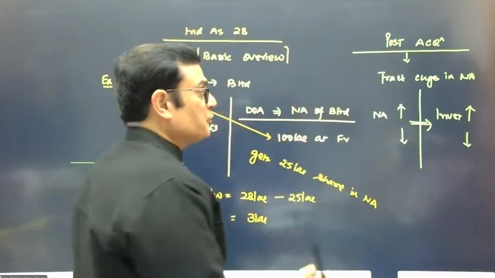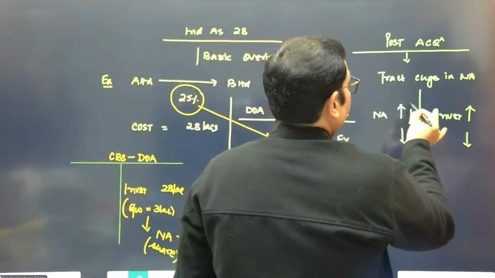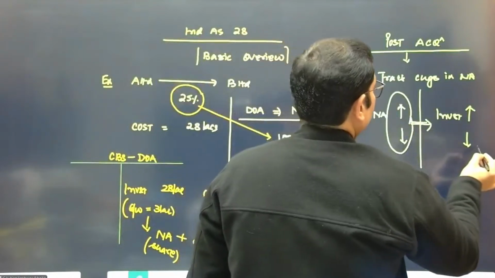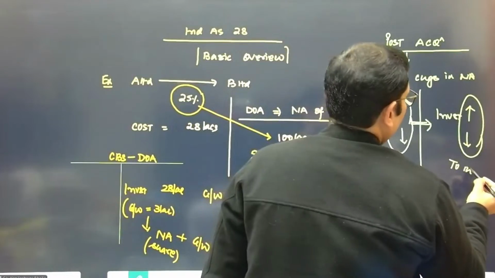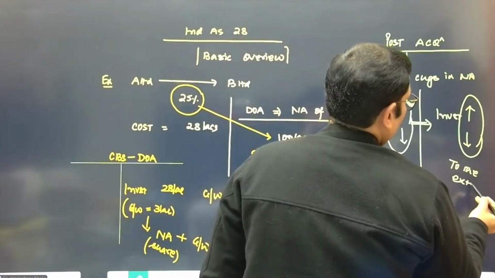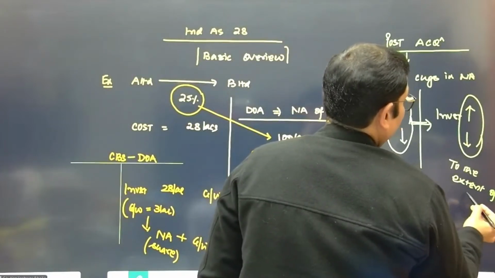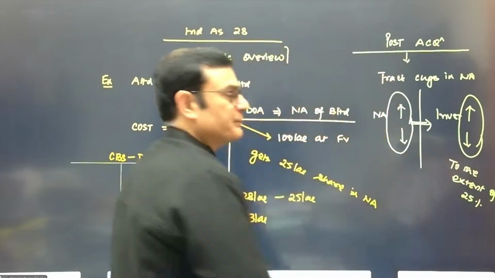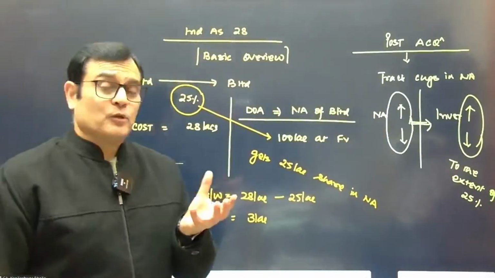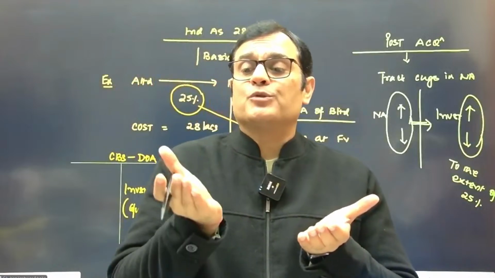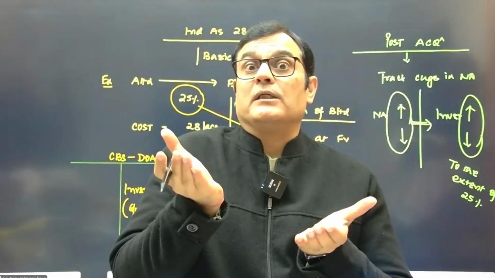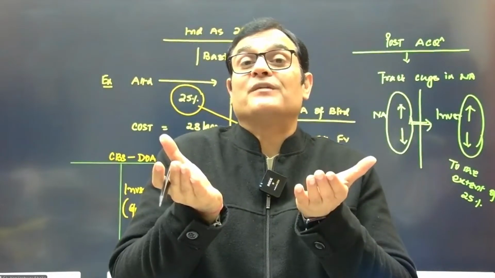So I will capture the increase or decrease as a part of the investment to the extent of my share, to the extent of 25% in my example. I will keep tracking that if the net assets of the associate company go up, I'll say investment debit, 25% of the increase.